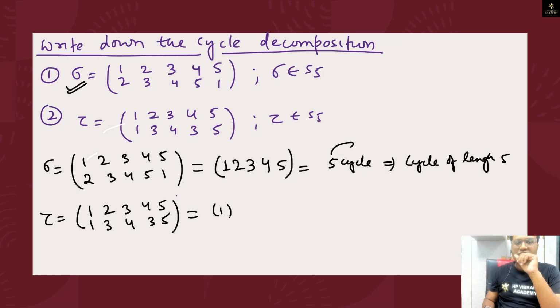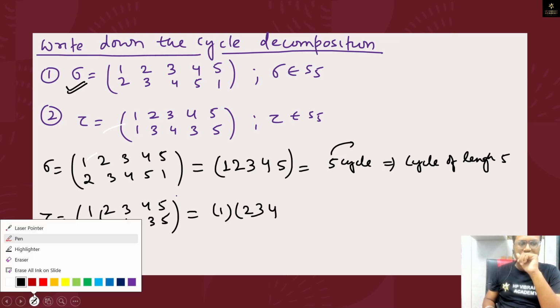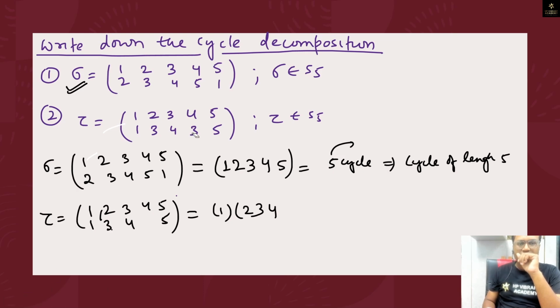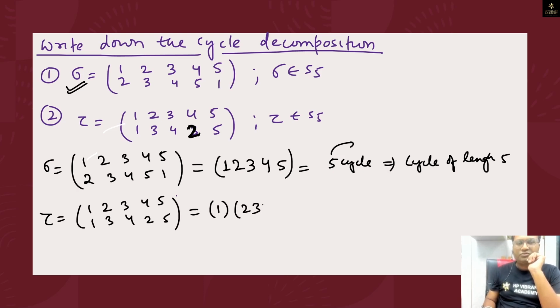So let us do the mapping. 1 goes to 1, closed. 2 goes to 3, 3 goes to 4, and 4 goes to 2.